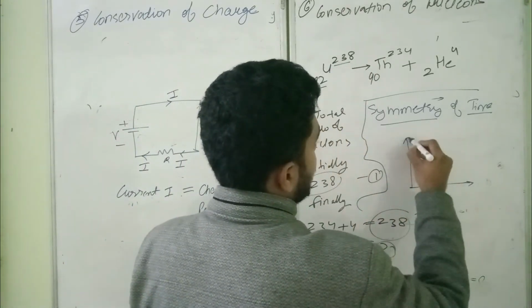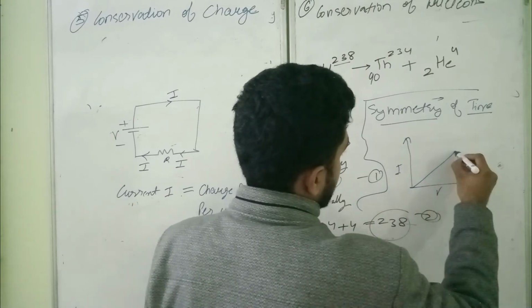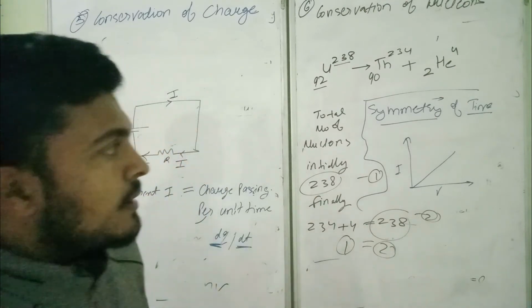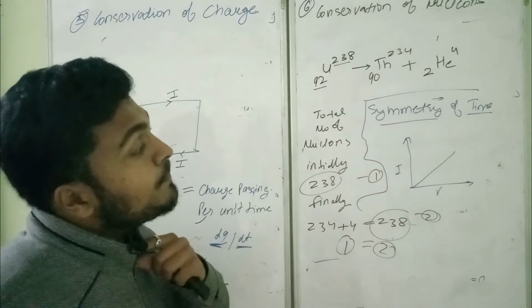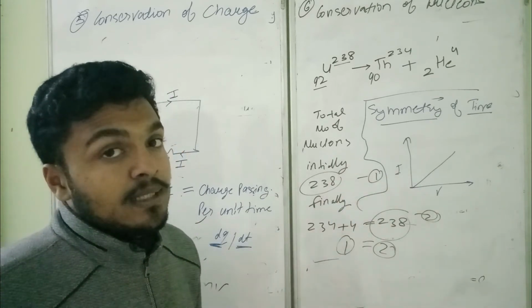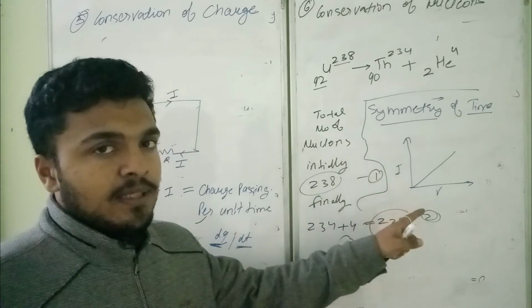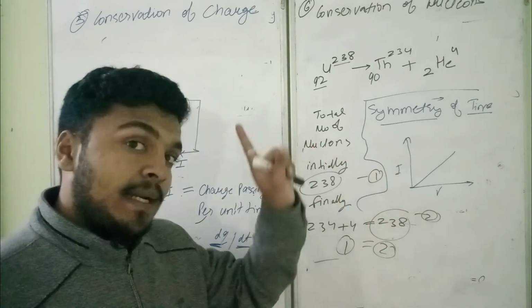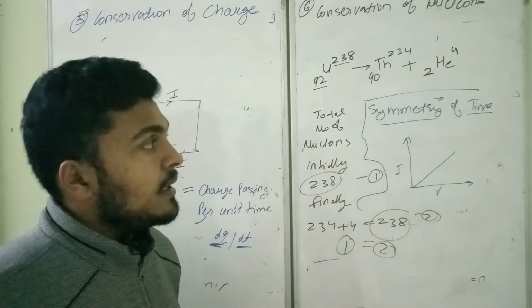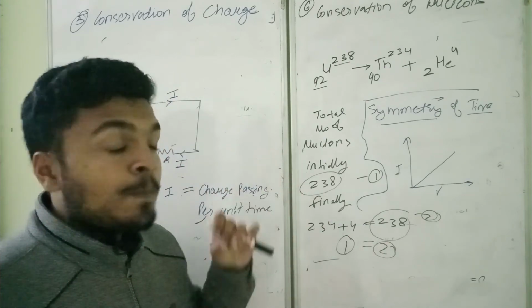The result was this. He found that the VI characteristic of an ohmic conductor is a straight line. This he found at that time, and it must be more than 100 years by now.